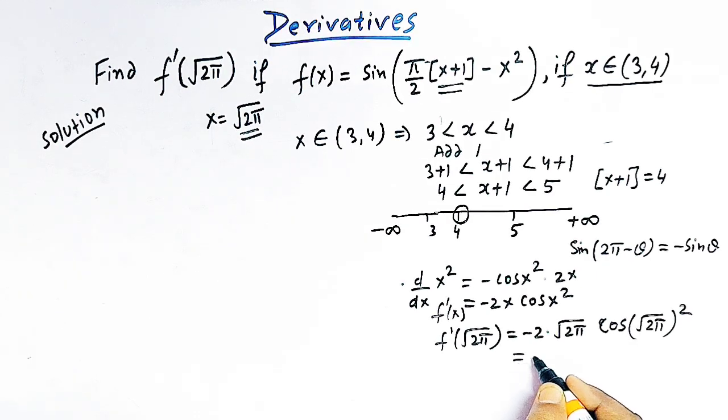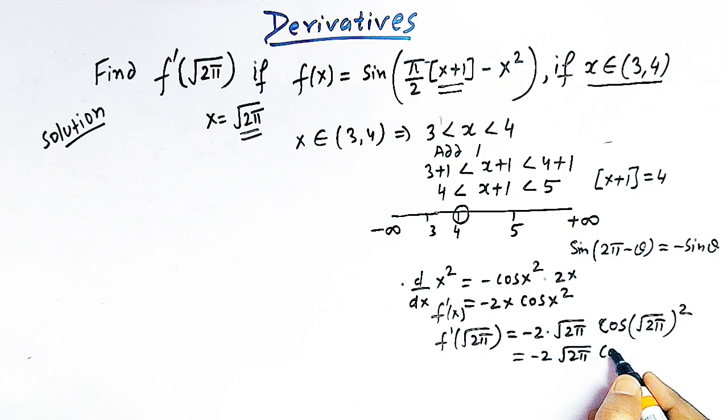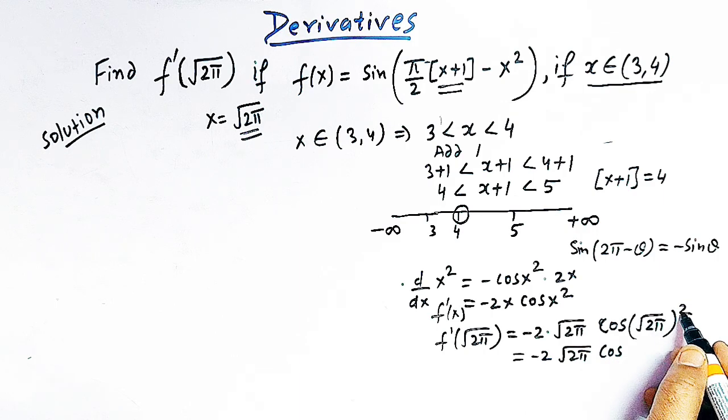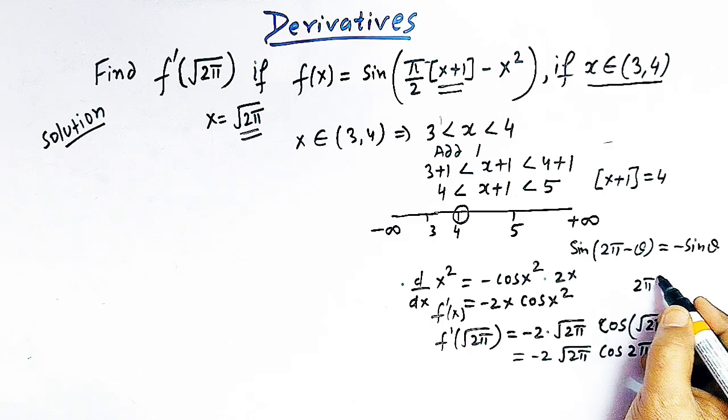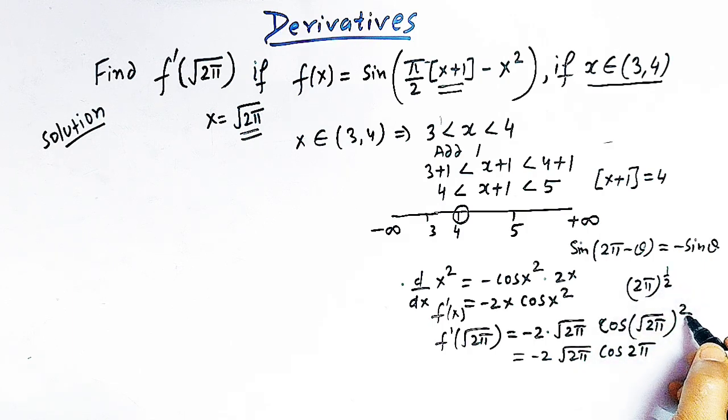So now we can write here minus 2 times square root of 2 pi, and here we have cos of the square of square root of 2 pi, which is simply 2 pi, because here we have 2 pi raised to half, and then we have the square. So the exponents cancel, and we are left with 2 pi.